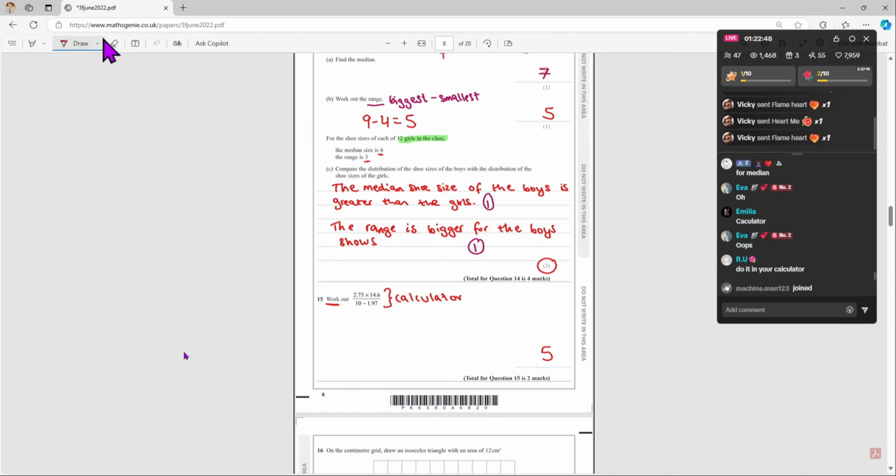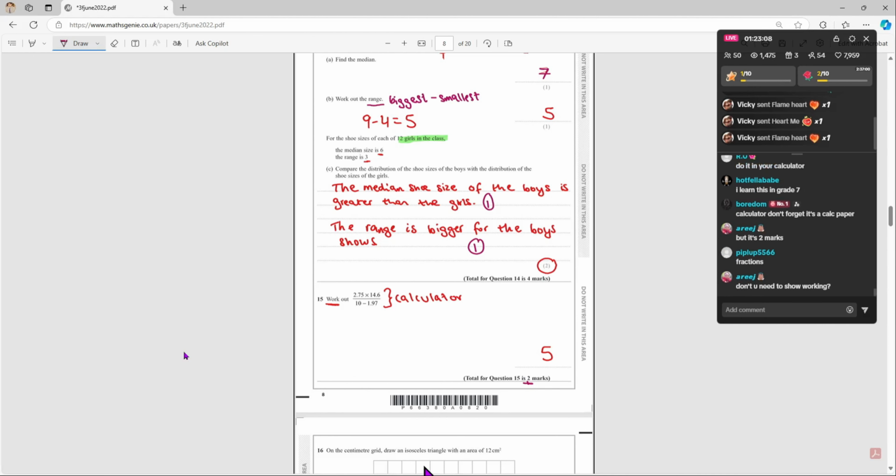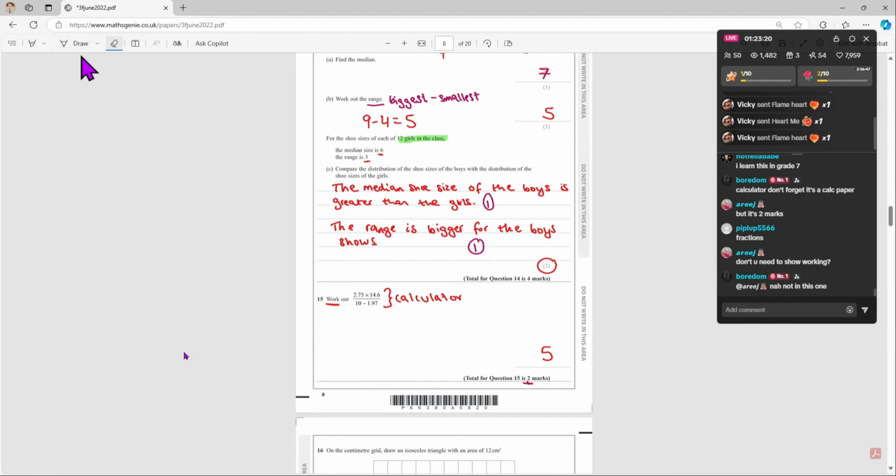Most of you forget it's a calculator paper, and you do lots of column method and lots of methods. It's a 2-mark question. You need to use a calculator. You don't need to show your working. What I would do is just do this separately and give your answer over here. I don't think you should give your working out. It's a calculator paper for a reason.